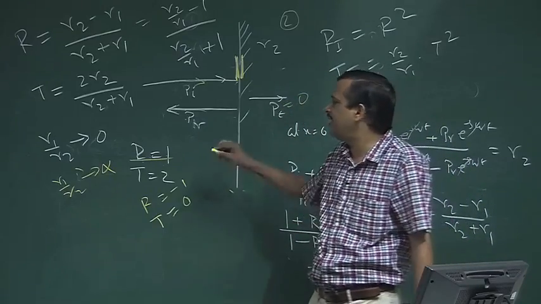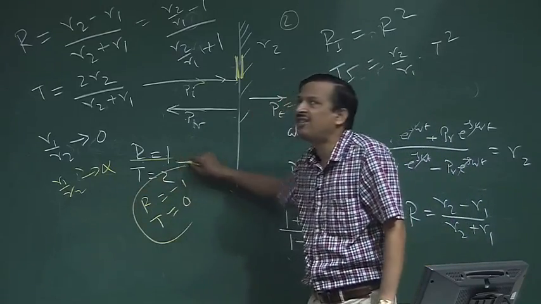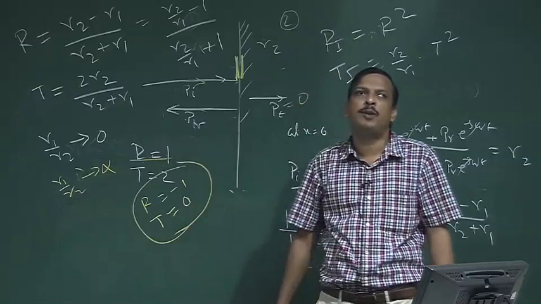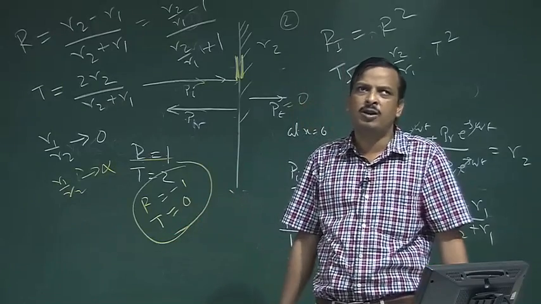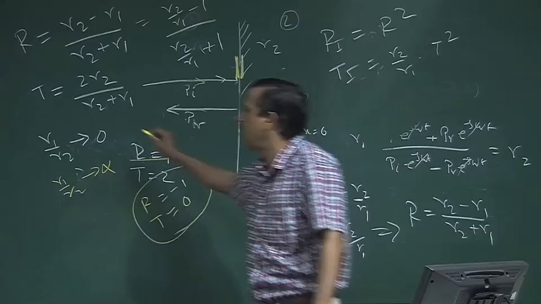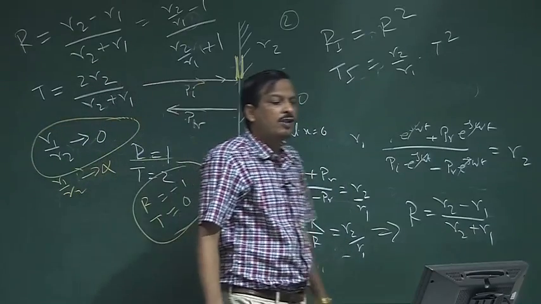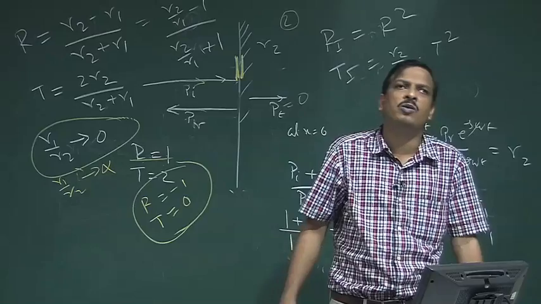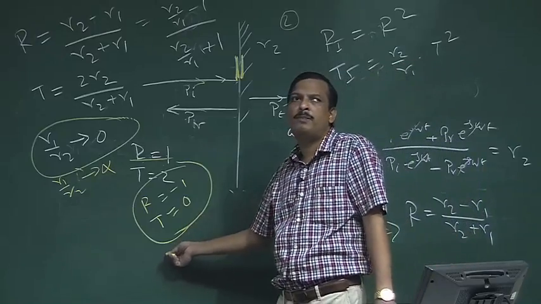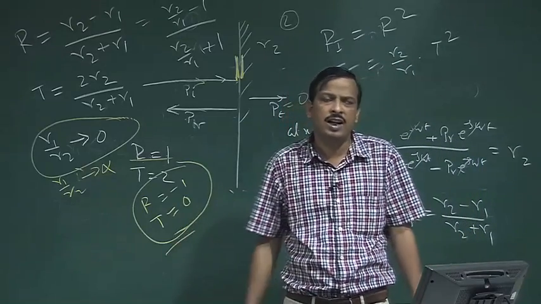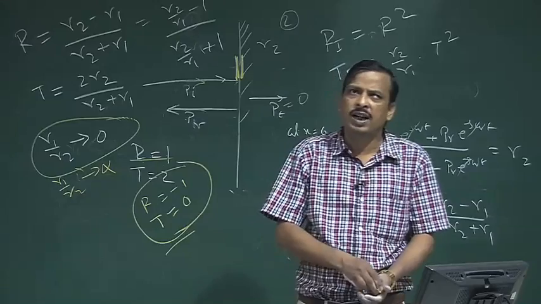So that is why this condition is called the pressure release condition, the pressure release boundary, and the first condition is called the rigid boundary. Okay? So you understand.